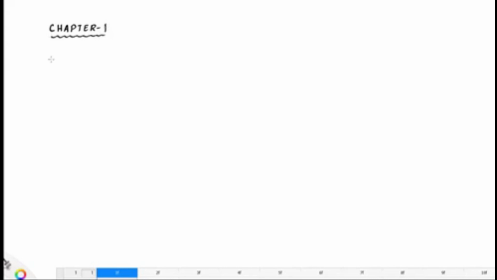So in chapter 1, the most important thing is first one is your hydrograph. So what is hydrograph? Basically, hydrograph is a plot between intensity of rainfall versus time. Second thing is mass curve.